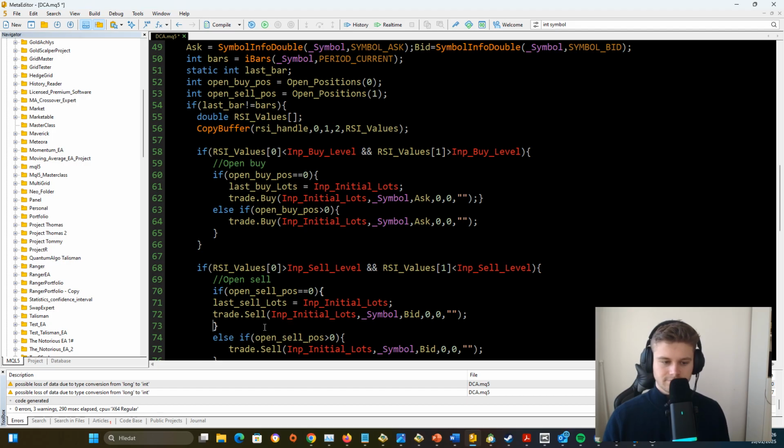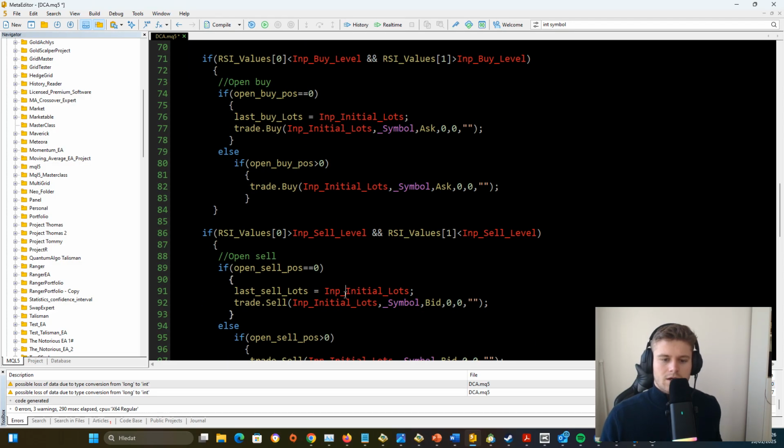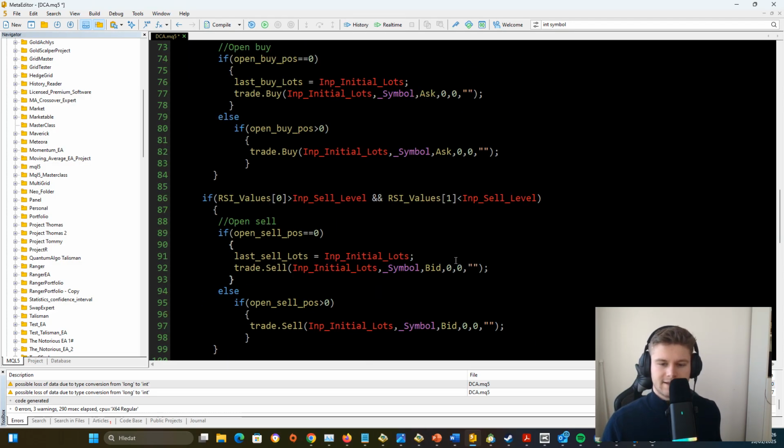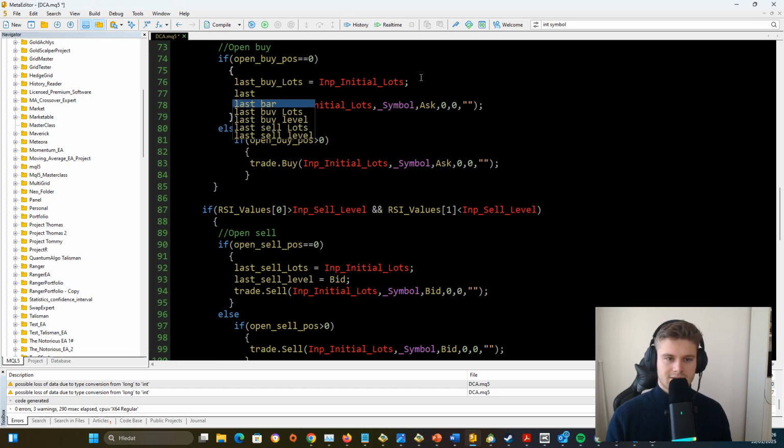Then we also have to say that last sell level is equal to bid price, and here last buy level is equal to ask price.